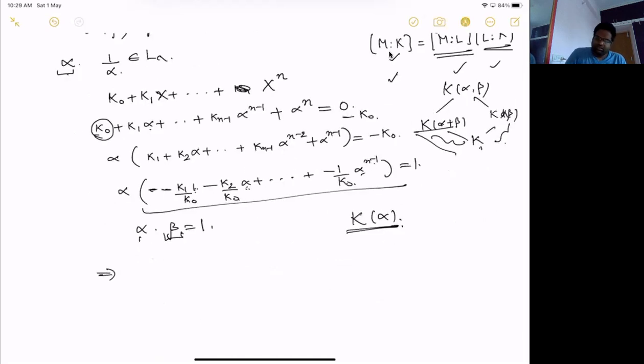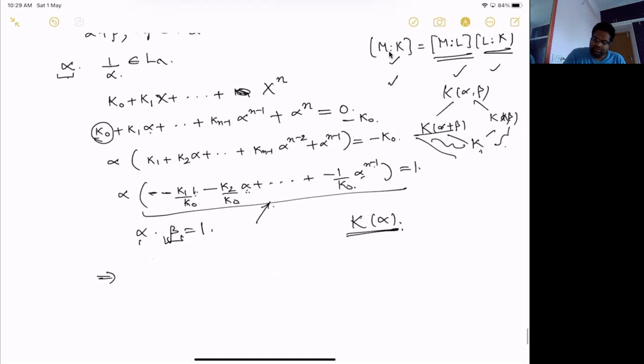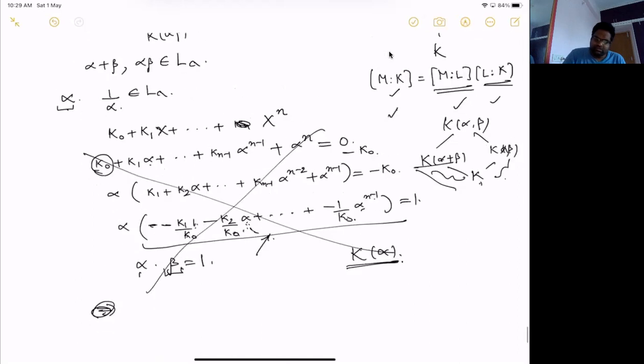So basically, what you did was, you took this polynomial, this different polynomial here. I have shown that alpha inverse satisfies this. Oh, this is wrong, sir. This is wrong. So sorry. So this is my minimal polynomial for alpha.